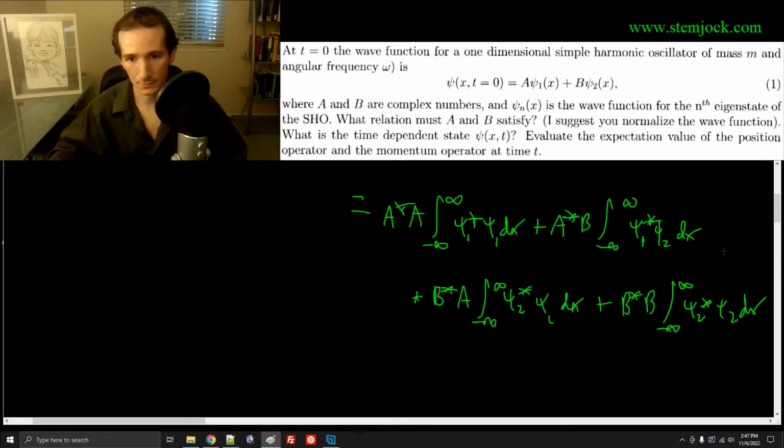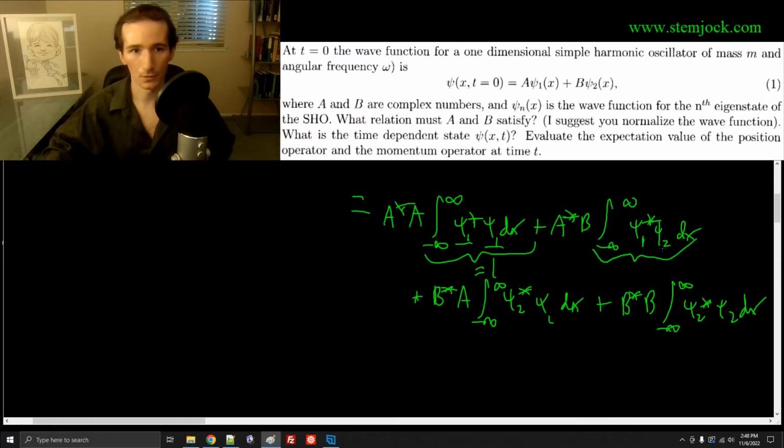What that means is this integral here is going to be 1 because this is psi 1 and this is psi 1. The first and second eigenstates are orthogonal, so this integral here is going to be 0. The same with this integral here.